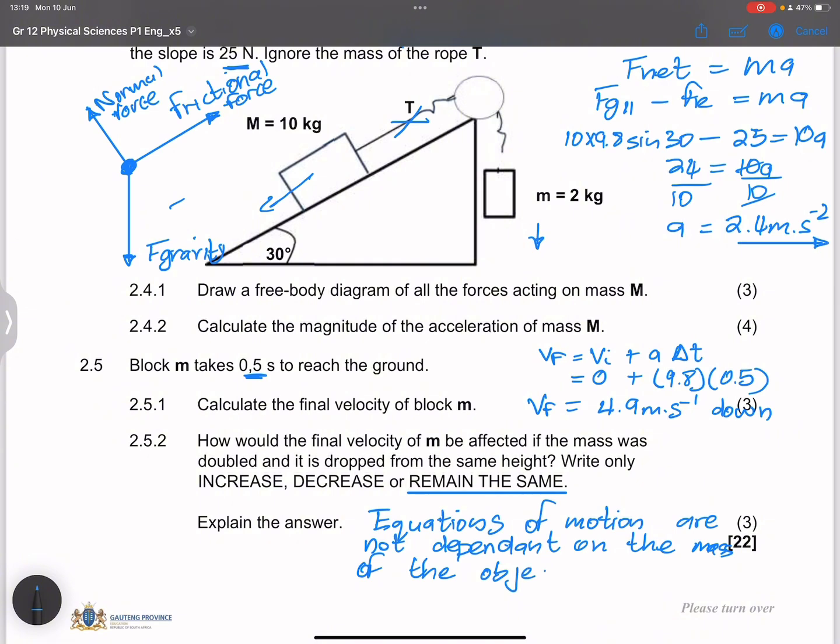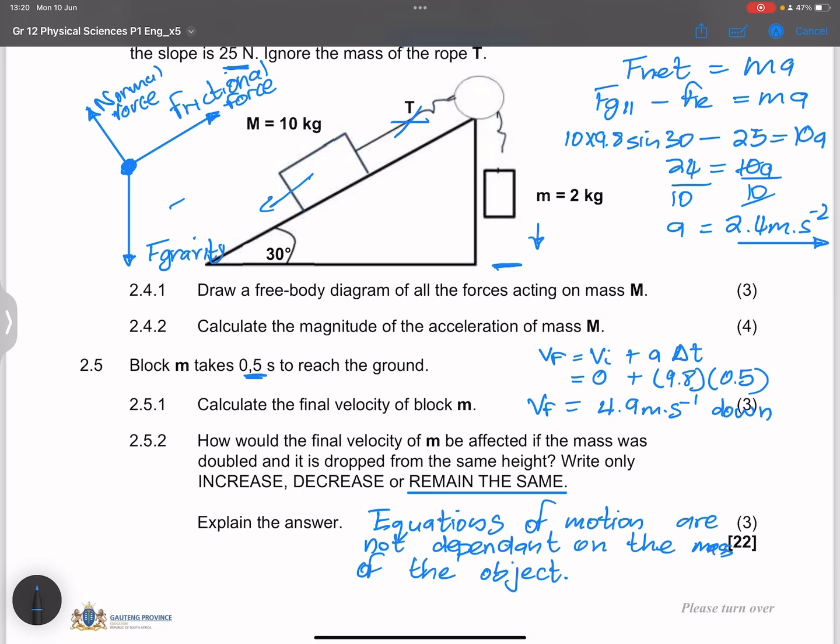Alternatively, ladies and gents, you can mention that the object was moving vertically downwards and accelerating due to gravitational acceleration. So in that case, it means that the velocity should be the same, since it would not depend on the mass.